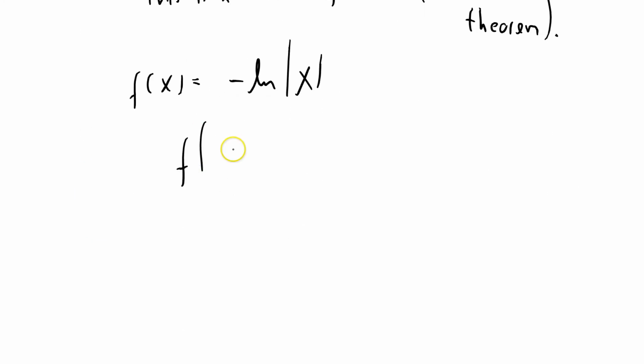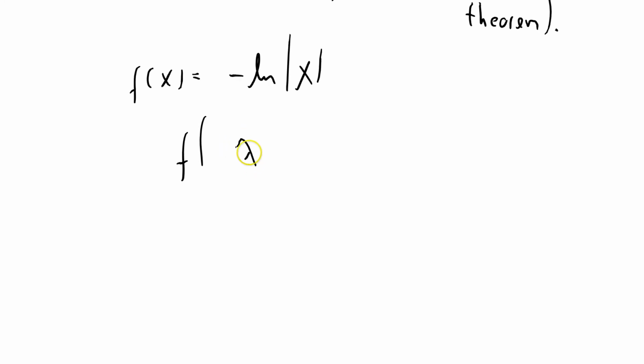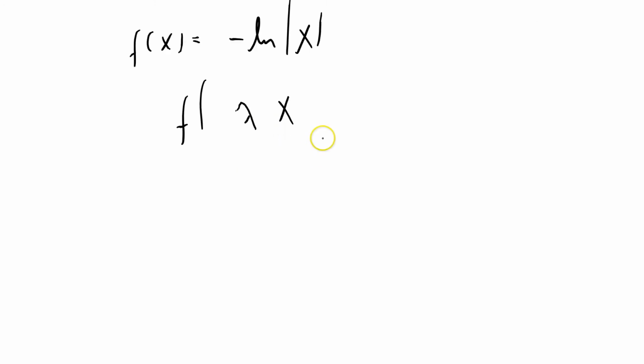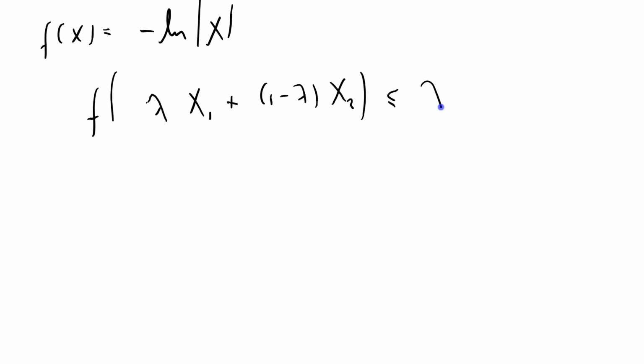f of, well, let me write out the two case. f of lambda x1 plus 1 minus lambda x2 is less than or equal to lambda f of x1 plus 1 minus lambda f of x2.